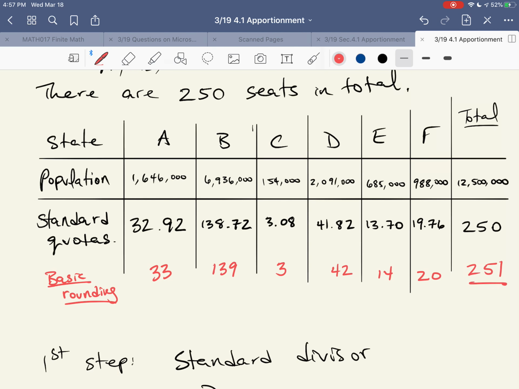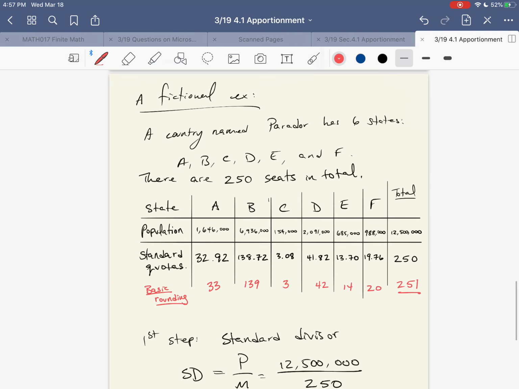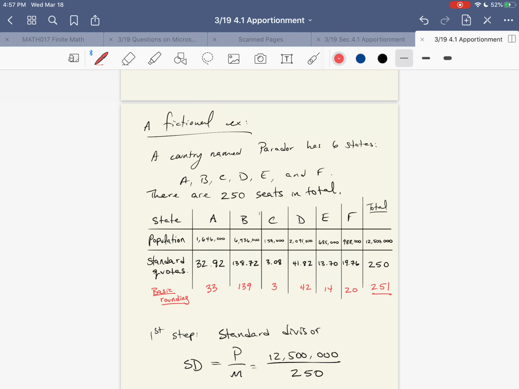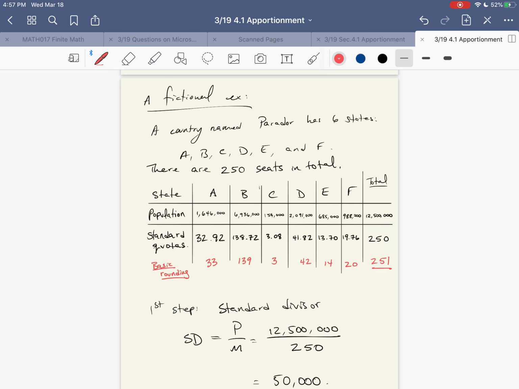We only have 250. So this really goes to show that we can't just round everything as simply as we thought we might be able to. So this means that basic rounding is not an apportionment method, because we found a counterexample.